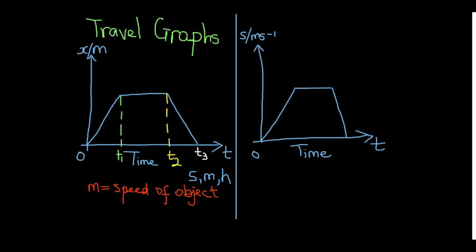Okay, can anybody tell me what they think is happening between 0 and T1? So I'm talking about this portion of the graph.